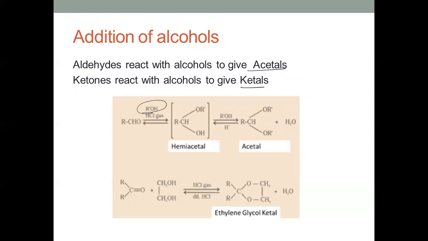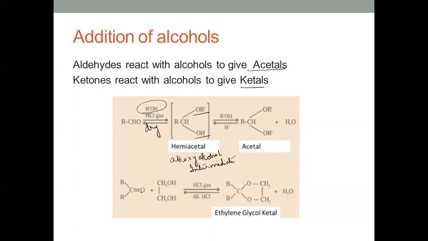One equivalent of monohydric alcohol in the presence of dry HCl gas gives a hemiacetal, also called an alkoxy alcohol intermediate, because it has an alkoxy group and an alcohol group. Again, nucleophilic addition takes place, and then a second molecule of ROH attacks, resulting in the formation of the acetal.